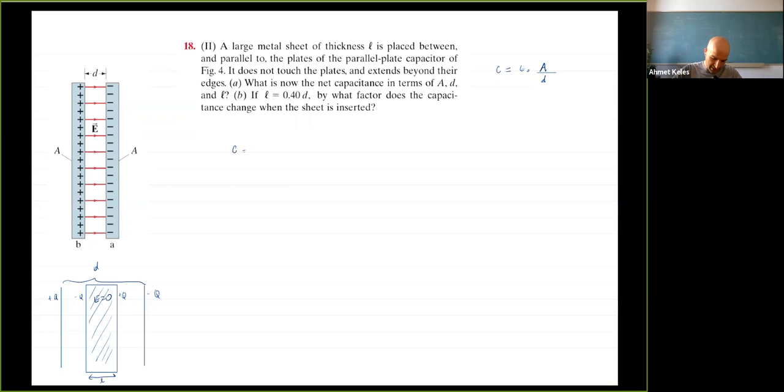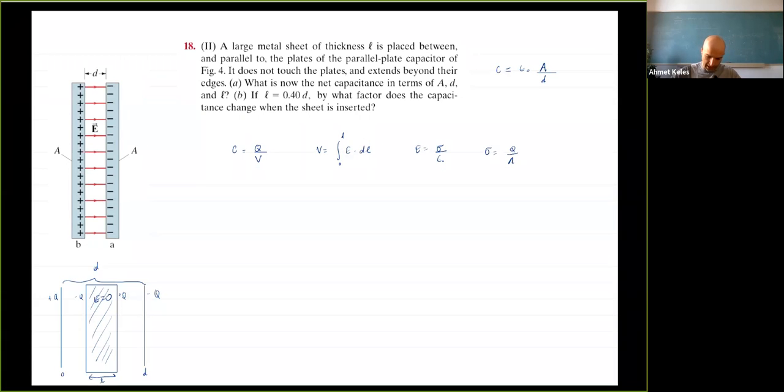So capacitance is given by total charge divided by voltage difference. And the voltage difference is the integral of E dot dl from 0 to D, and the electric field is sigma over epsilon naught, and sigma is equal to charge divided by area.